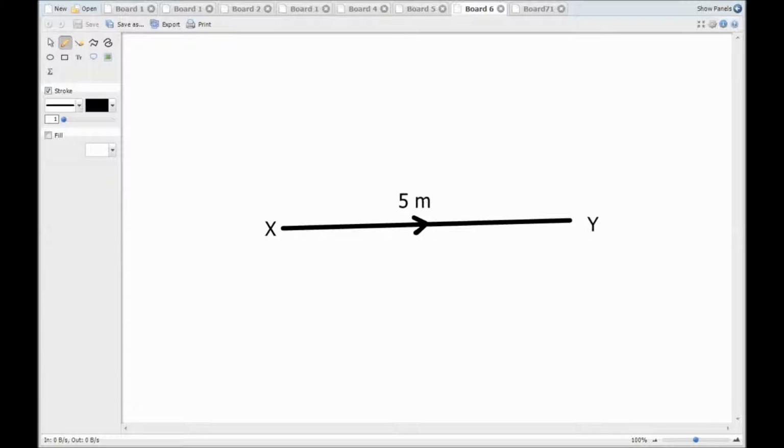The translation of the desk is denoted by XY and represented by the directed line segment as shown in the figure. Its length is 5 meters. It is the magnitude, and the arrow indicates that the vector starts from X and terminates at Y.